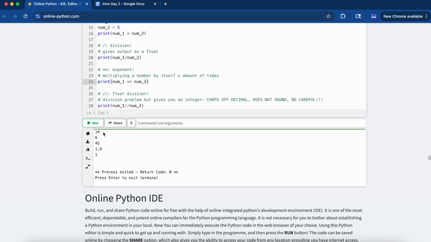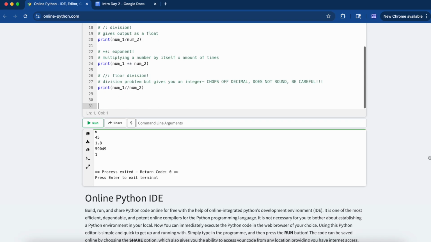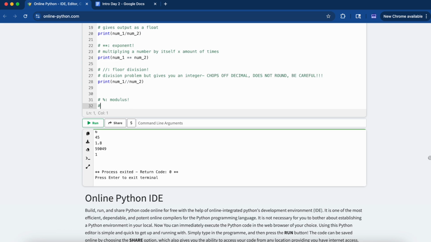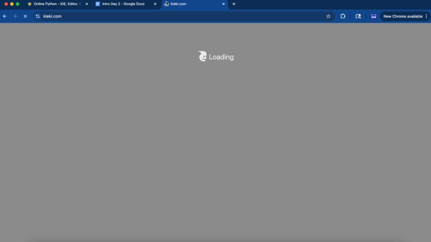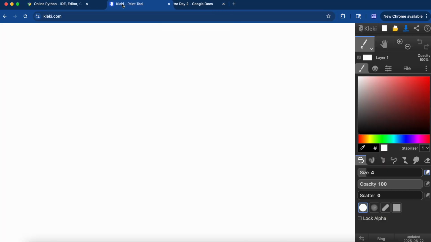All right. Now that is floor division in Python. And now we can move on to our last operator of the day. This is also pretty niche. It's called a modulus. Now, modulus is kind of special because what it does is it gives you the remainder of a division problem. So let's do something a little more visual. So say we were doing long division. We were doing 5 divided by 3.